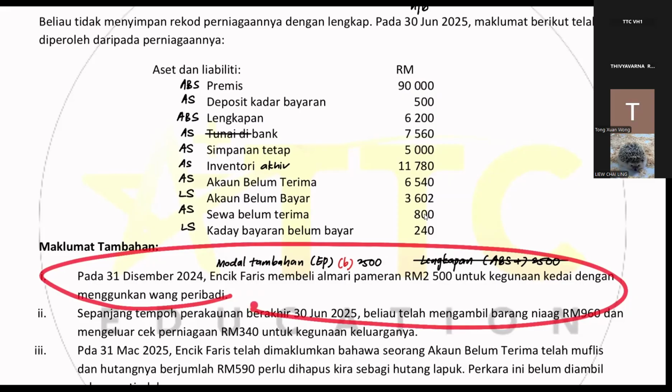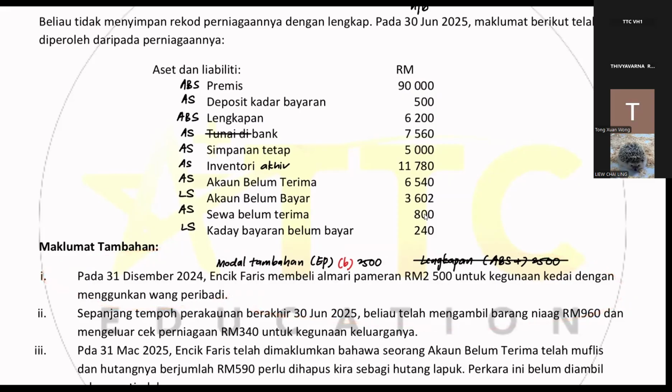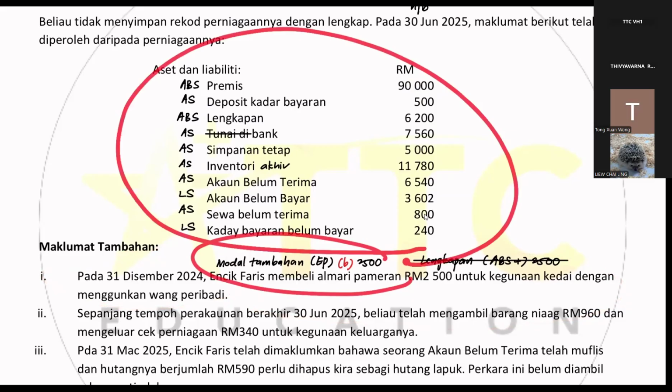But if like this sentence, they never mention that we never record, that means everything is recorded. Only something missing. But how do you check which is the one missing? Check the accounts that were affected just now to see whether it's in the list or not. If it is in the list, means recorded. If it is not in the list, that means not recorded. Then we have to record in our answer now.